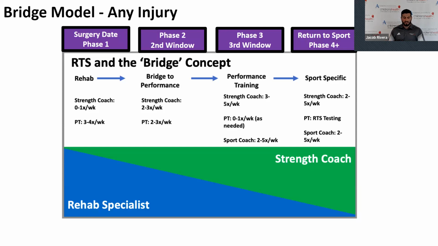We might be doing a simple Y or T or W drill in phase 1. Maybe we're just doing lower body, right? Phase 2, we start working in things like kettlebell carries, a bottoms up carry, an overhead carry. Maybe we're working into push-ups, things like that.